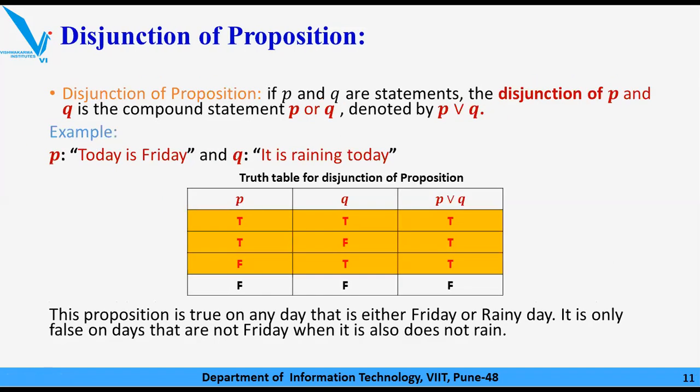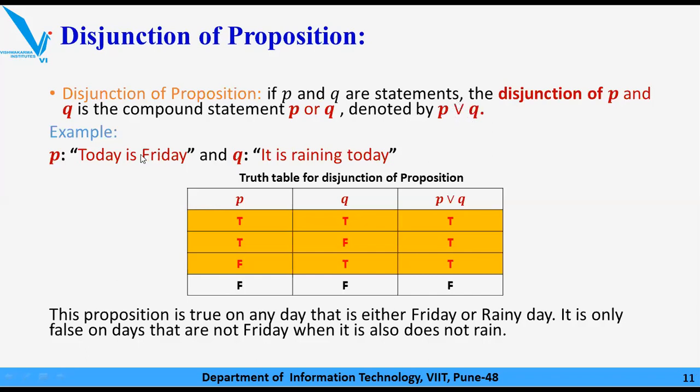Moving to the next logical connective, the disjunction of propositions. If P and Q are statements, the disjunction of P and Q is the compound statement P or Q, which is again the opposite representation of the and value.